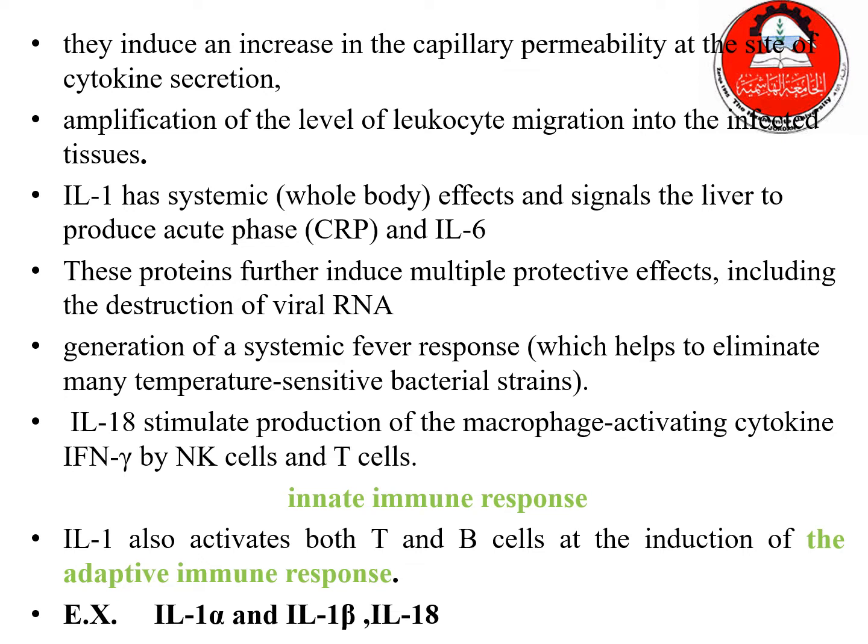Generation of a systemic fever response helps to eliminate many temperature sensitive bacterial strains. So it helps in production of fever, and this elevation works as a protective mechanism because some bacterial strains cannot grow in elevated temperatures.